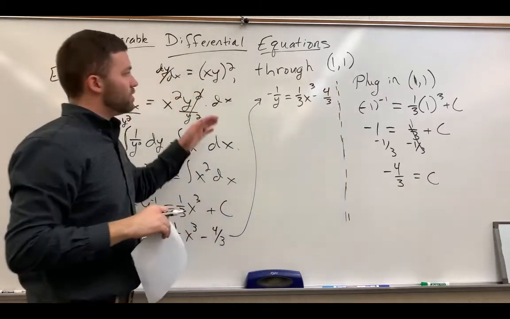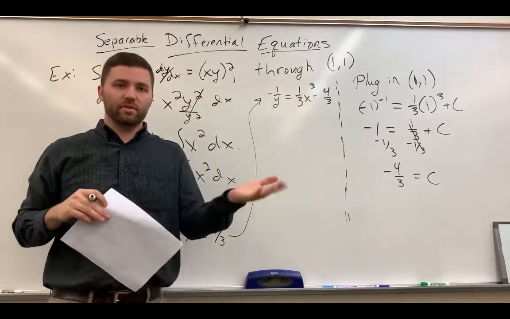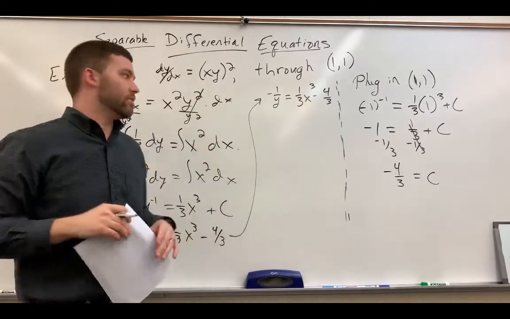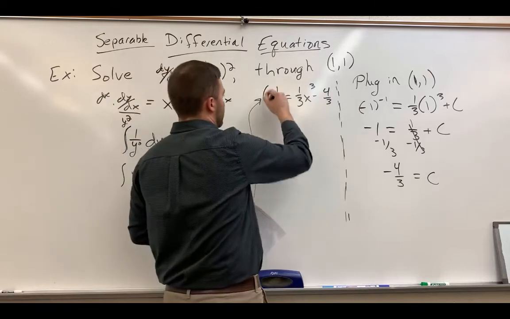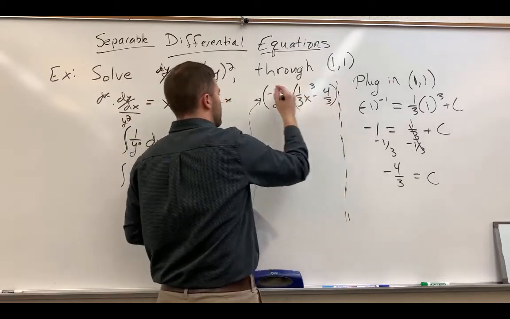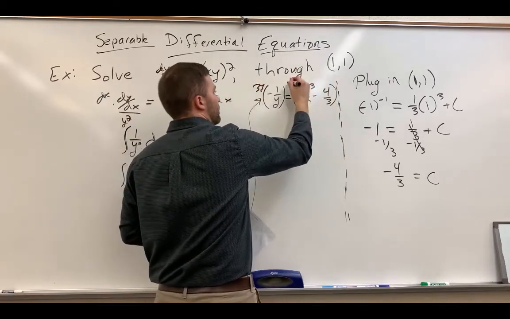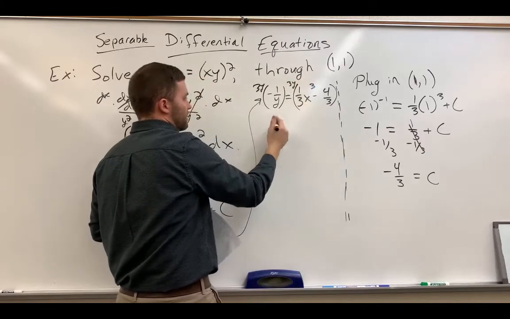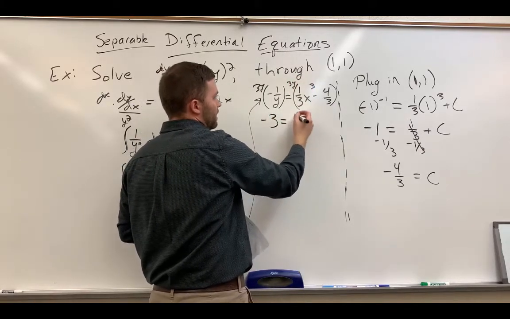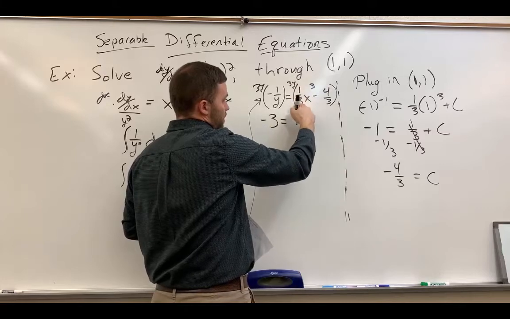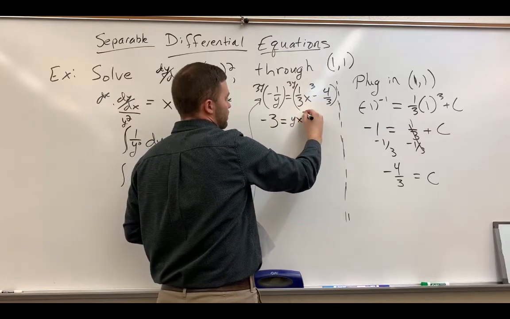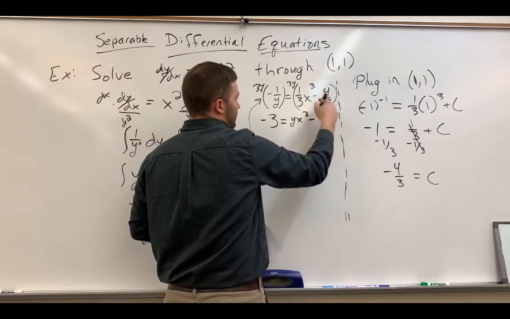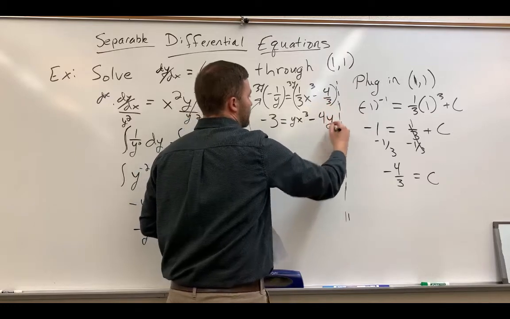I'm going to multiply both sides by y. I'm also going to multiply both sides by 3 to get rid of the 3 in the denominator, so we'll clear out the fractions, essentially. So I'll multiply both sides by 3y. On the left I get negative 3. On the right, 3 over 3 is just 1, so I'll get y times x cubed minus 4y.